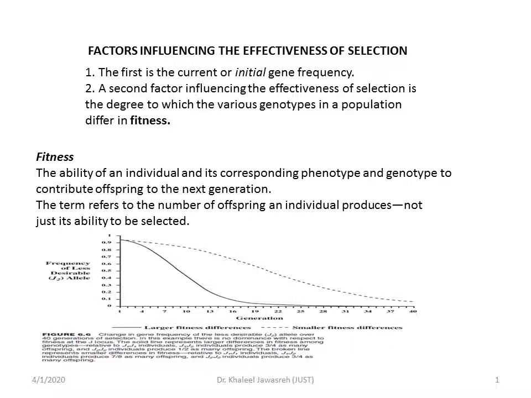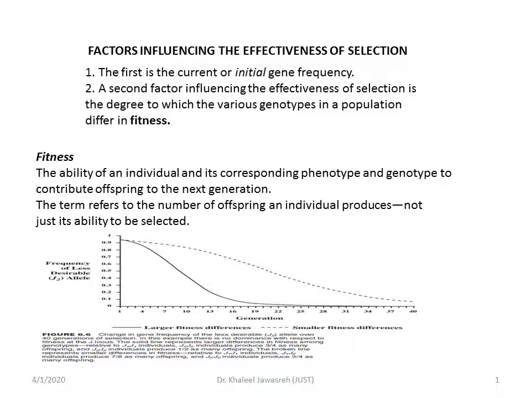Generally, if you read any breeding books, references or articles, you will see fitness in all of them. Fitness is the ability of an individual and its corresponding phenotype to contribute offspring to the next generation, and this is the main definition of selection in general.